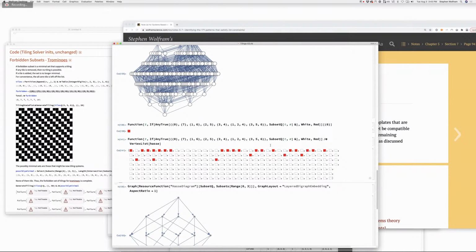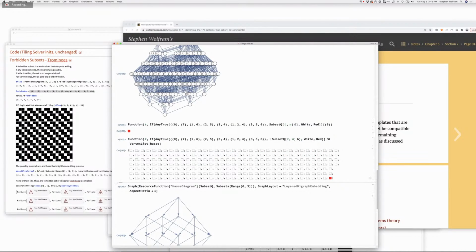oh, I see. You know what, we need to do not subset, don't we? Because that will be the things, if it is one of these minimal ones, then it does tile. If it contains one of these as a subset, so it's a question of whether it's a strict subset or not. Right. Uh-huh. So in fact, what we want to say is not subset there.